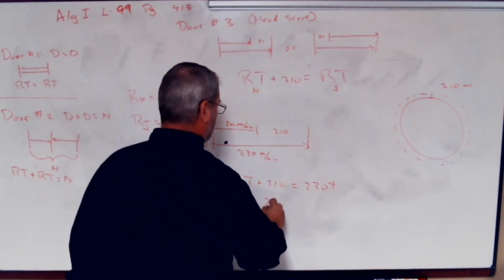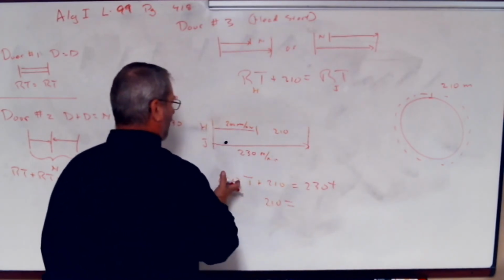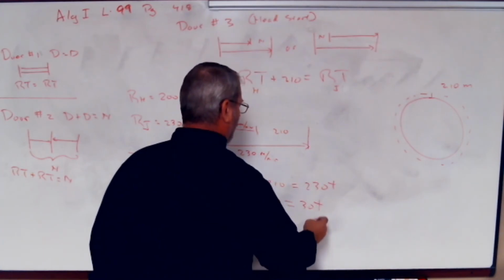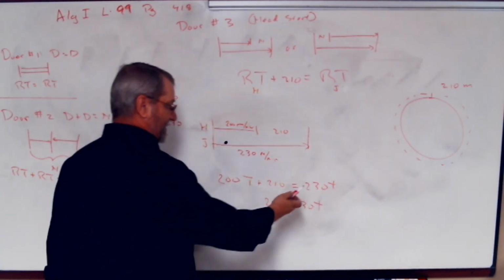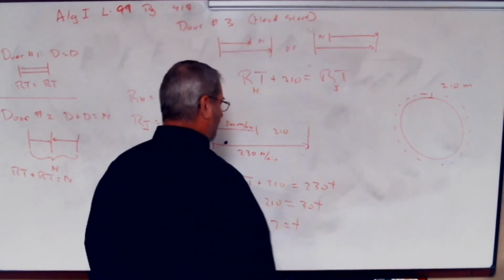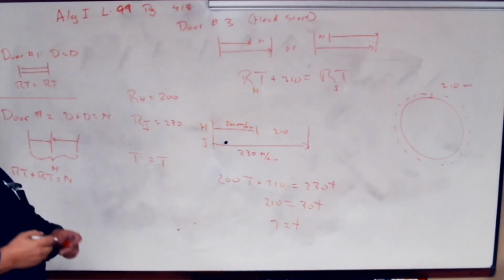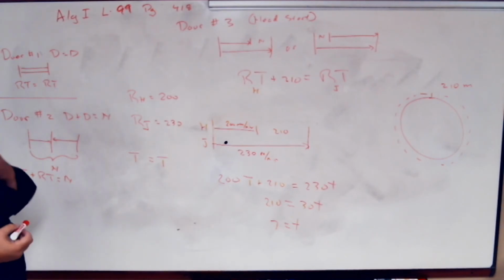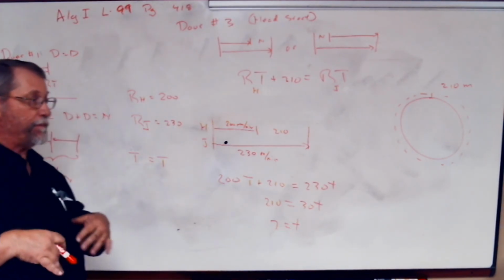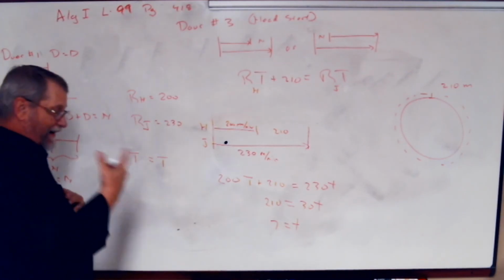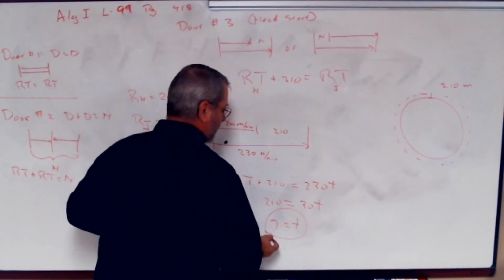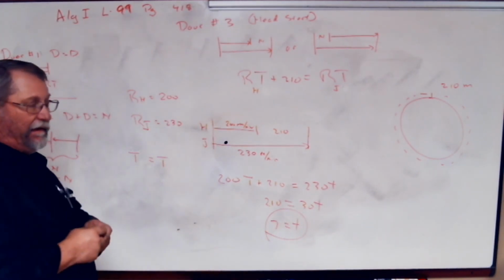So we have 210 equals 30T, and so we divide, so that's 7 equals T. Those are minutes. So how many minutes does it take until Jeanette laps Harry, goes one full lap ahead? It takes 7 minutes.